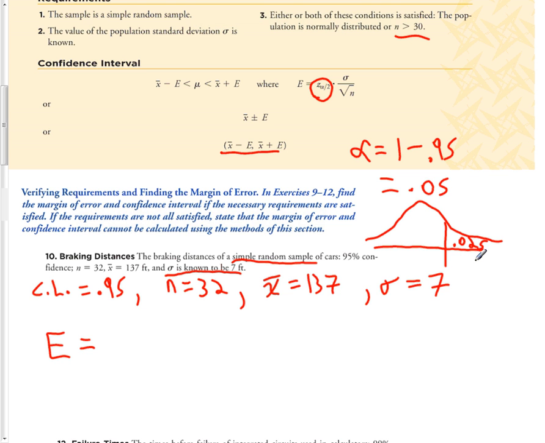So I want an area of 0.025 in the right tail, and I want the z-score that separates that area. So when I'm doing this on the calculator, I'm actually going to have to put in 1 minus 0.025, because the calculator will only take the area to the left of the z in the inverse normal function.